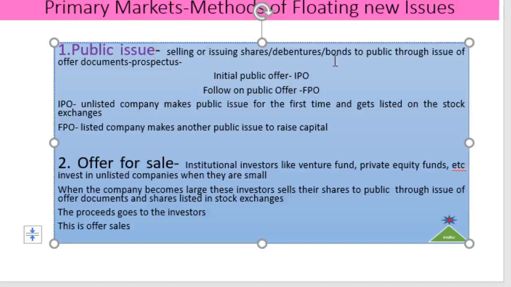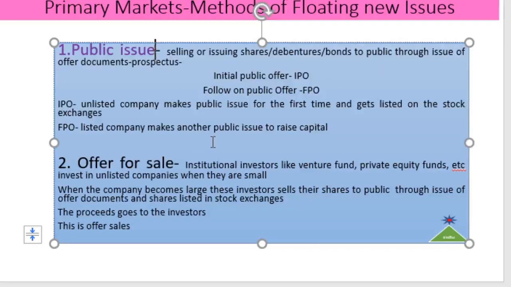This consists of initial public offer, IPO, or follow on public offer. These two methods are used for providing shares, debentures and bonds to the public in the primary market.